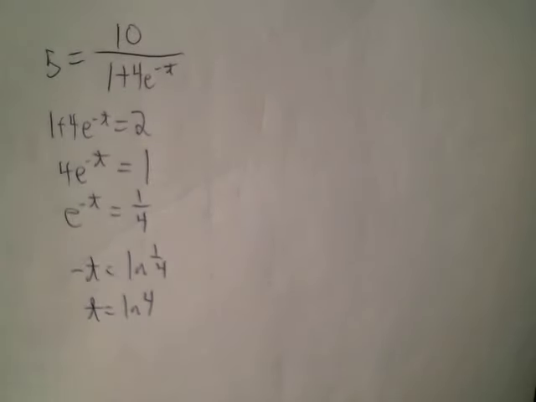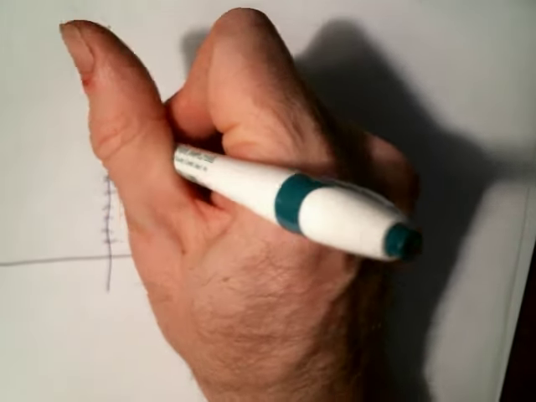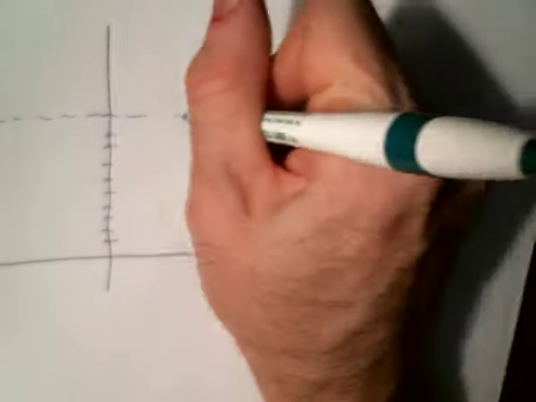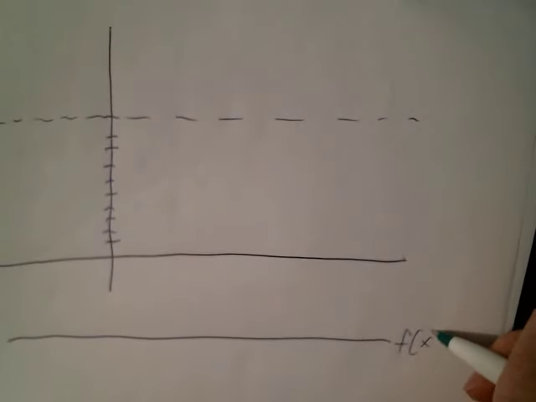Let's start putting all this together, shall we? All right, so here I go. I found the horizontal asymptotes at 0 and 10. So 1, 2, 3, 4, 5, 6, 7, 8, 9, 10. There's a horizontal asymptote. I need to worry about my f of, in this case, they're calling it g of t.